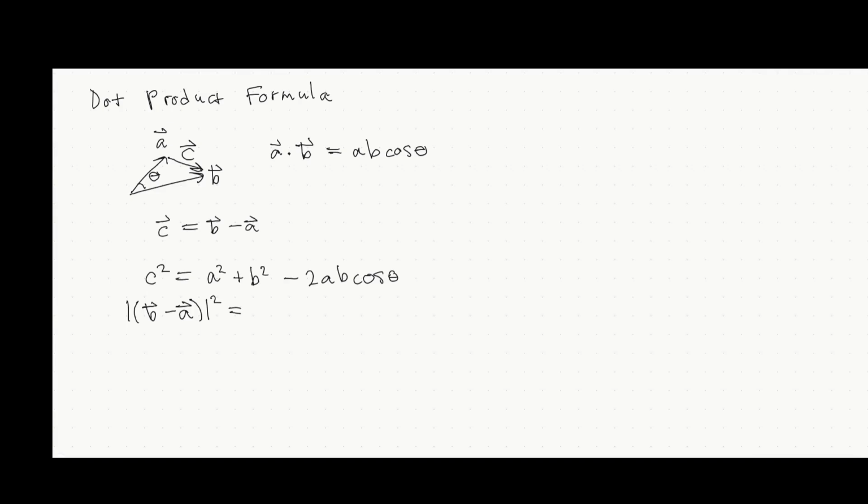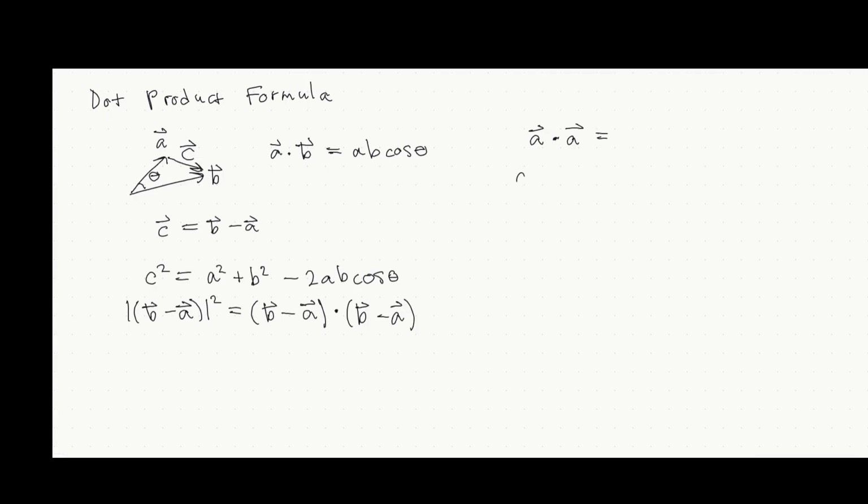And the magnitude squared is the same thing as a vector dotted with itself. Why? As a side note, we take a vector A and dot it with itself.